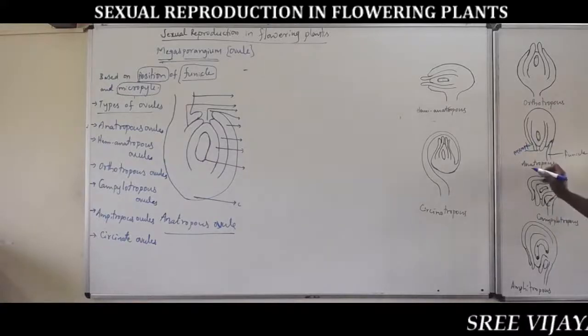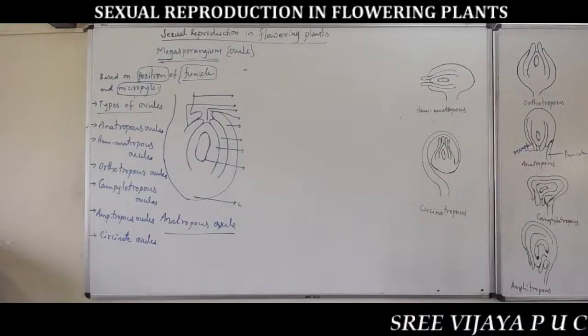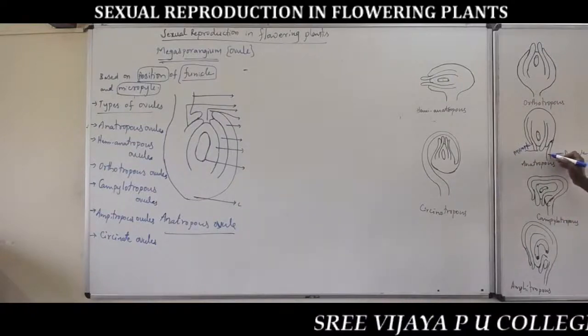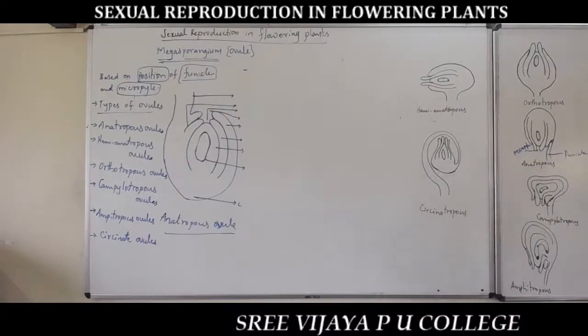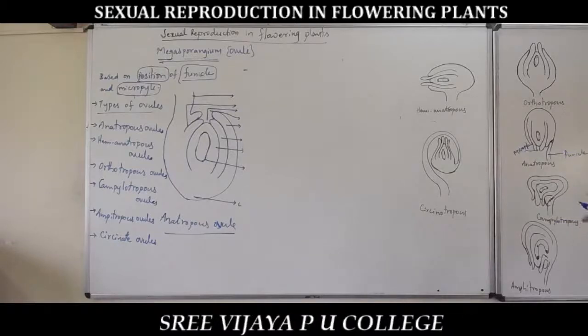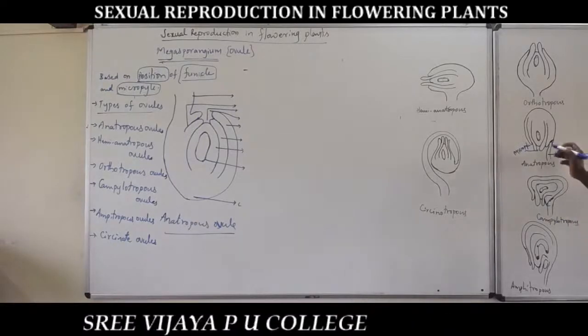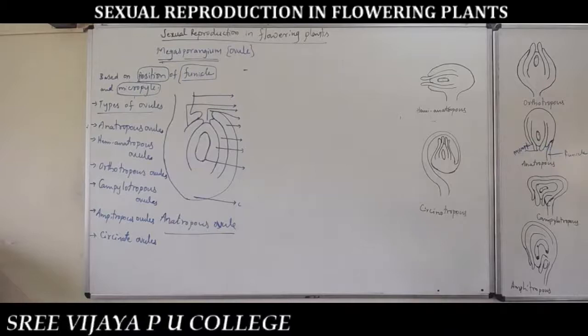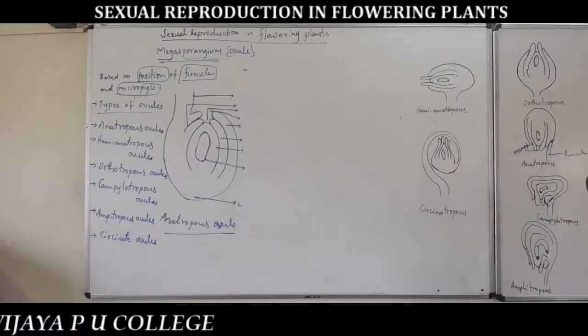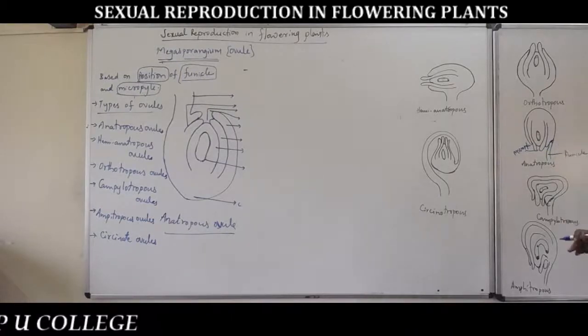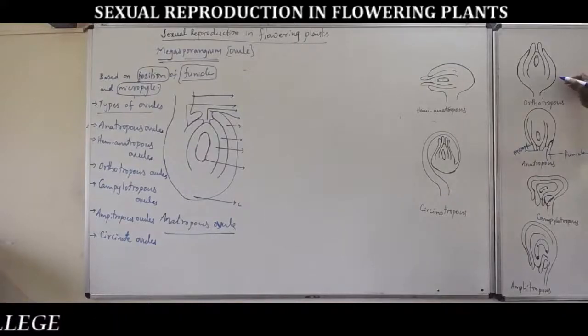In the anatropous ovule, the funicle and micropyle are a little bit near, not very near. The body of the ovule has a little curvature, as seen from orthotropous to anatropous.